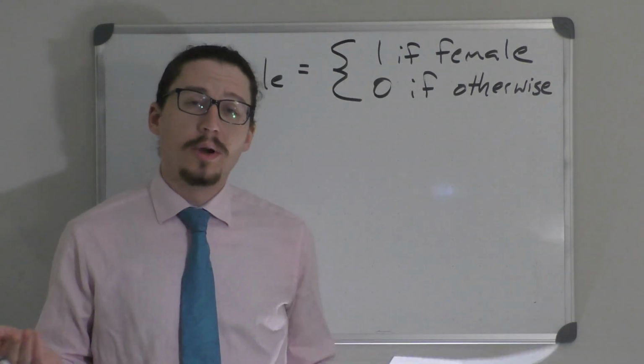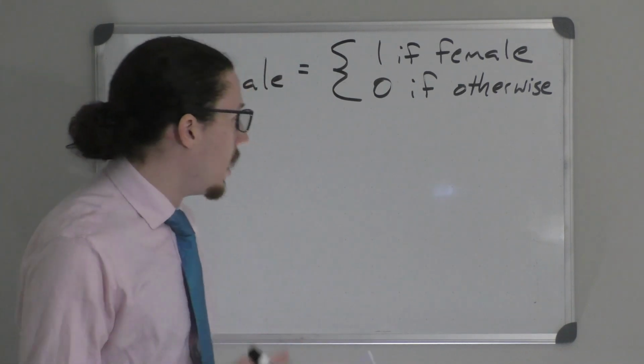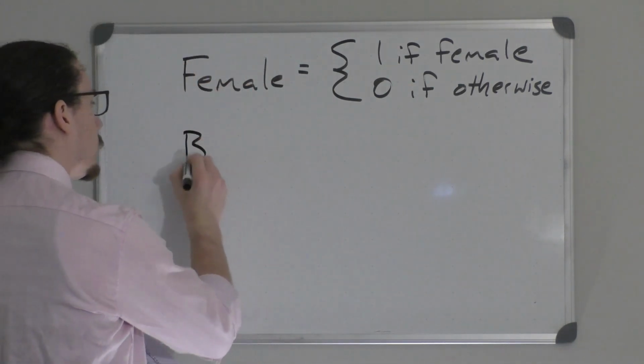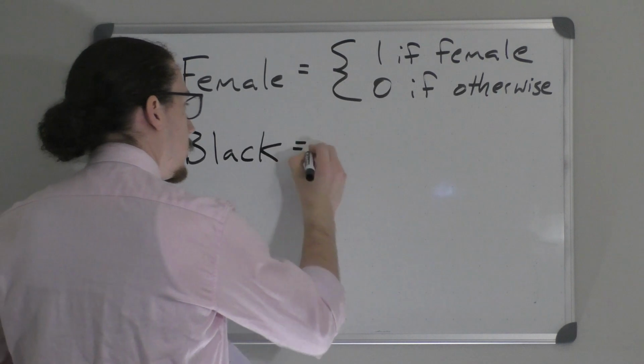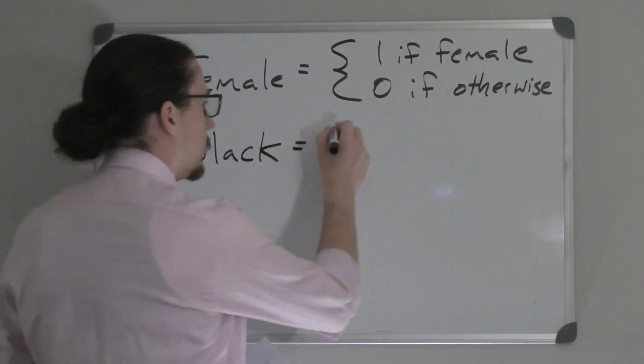We also might want to include a measure for race, right? A race variable. So we are going to use the variable black. We can probably figure out how this is going to be coded.